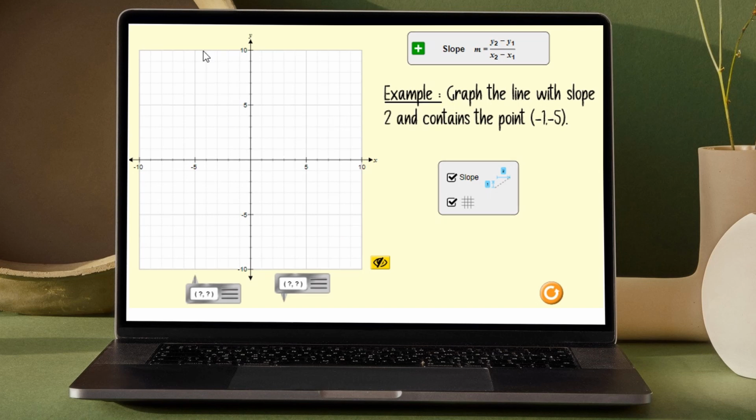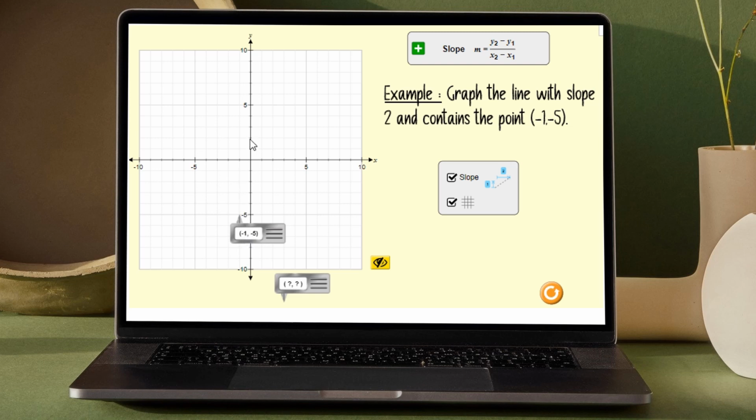So first, we plot the point -1, -5 in the Cartesian plane. Then, we measure the steepness of the line and take note that the slope is 2.